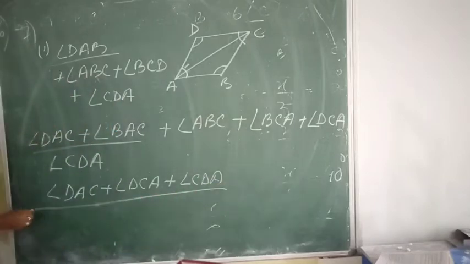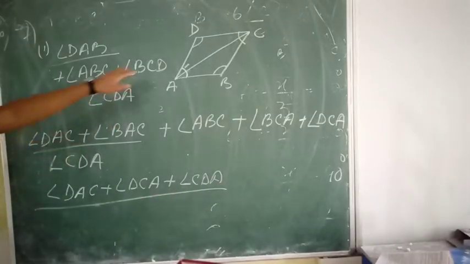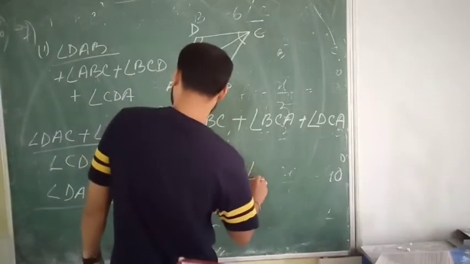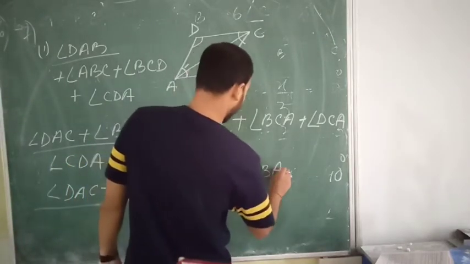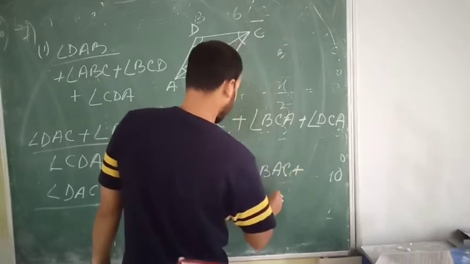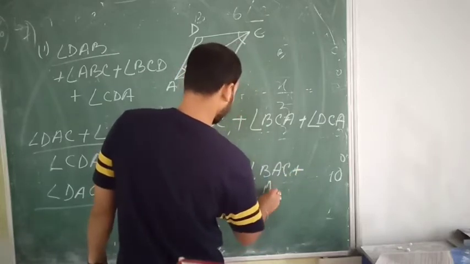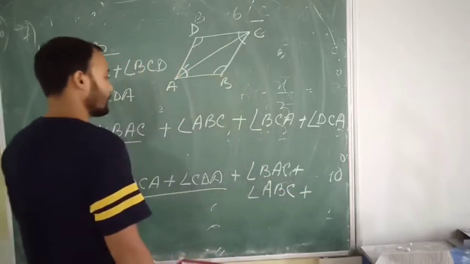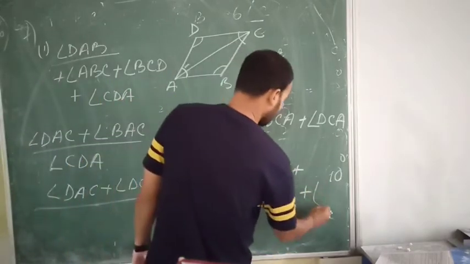Yes, this is one triangle. Above triangle, find this. Write this plus angle BAC plus angle ABC plus angle BCA.